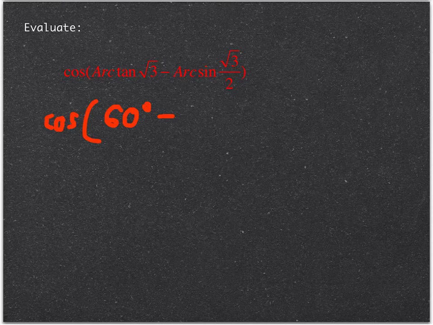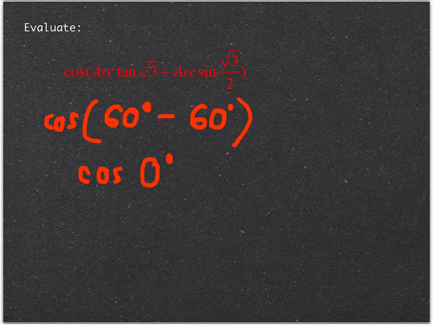Sure enough, it's the square root of 3 over 2. So there I have 60 minus 60, and that's going to give me the cosine of 0 degrees. Through some common sense or looking at your circle chart, you should remember that cosine is your x value. So at 0, we're at the furthest right we can go. So my answer here ends up being 1.